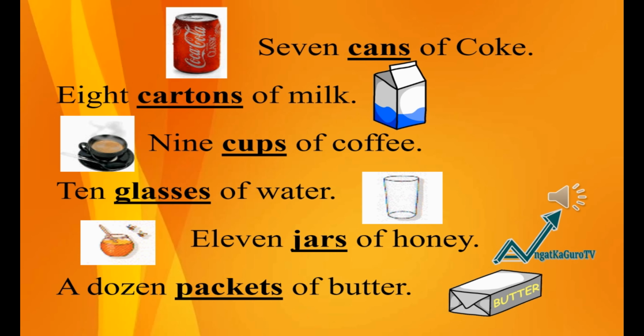Other examples of mass nouns: 7 cans of Coke, 8 cartons of milk, 9 cups of coffee, 10 glasses of water, 11 jars of honey, and a dozen packets of butter.